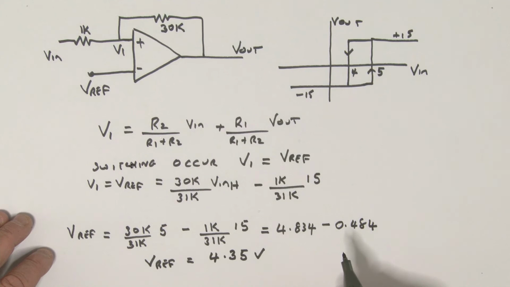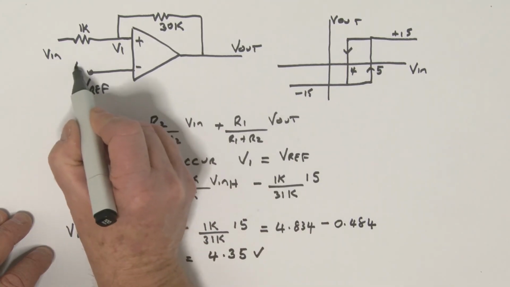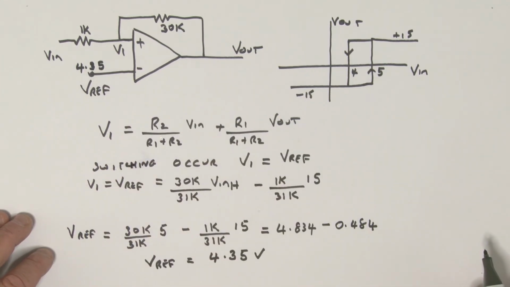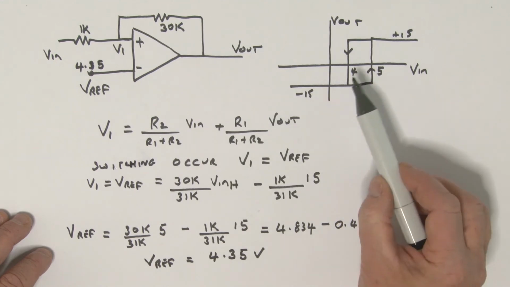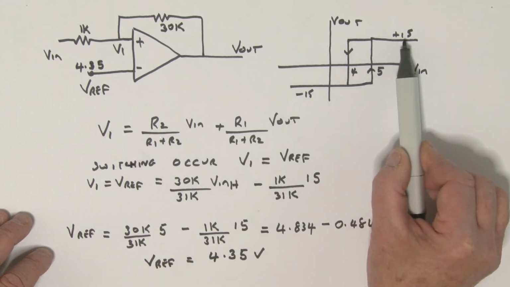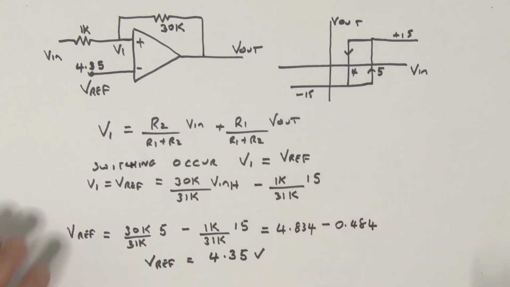Therefore we've completed this design, the reference voltage being 4.35 volts. That's a design problem where we specify a turn on voltage and a turn off voltage for the fan.